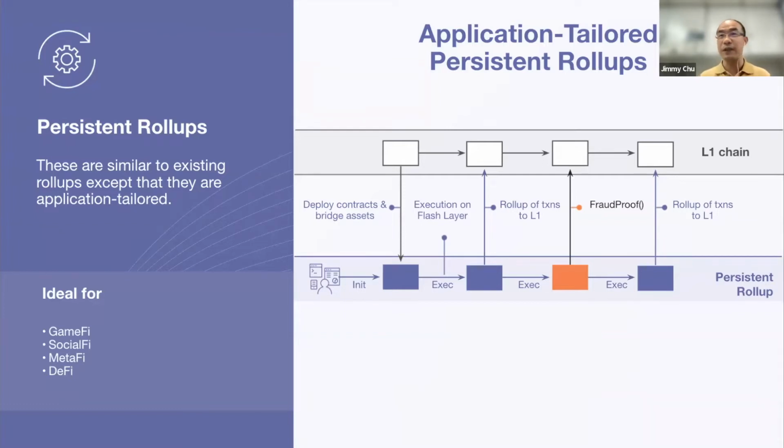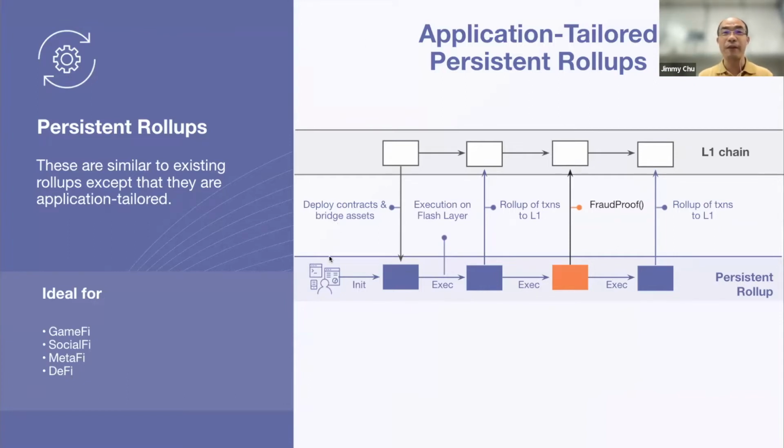For example, if you are running a DeFi exchange, or some kind of long running blockchain game, you would want to have a persistent layer 2 blockchain, and then roll up to layer 1 from time to time. So this is what it is targeted to do.